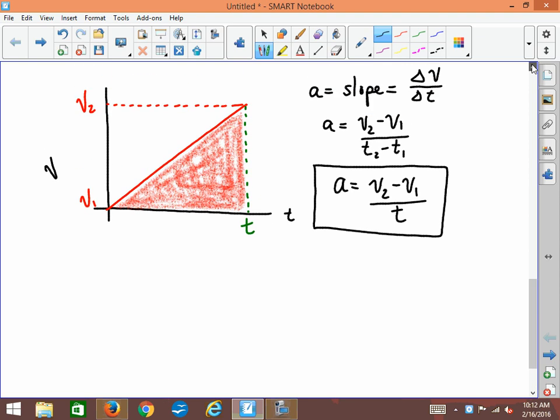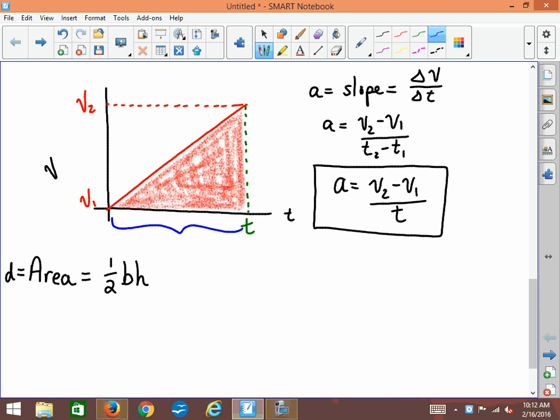In this case, the area, which is the displacement, I'll put that over here. So the displacement is the area. But the area here is not length times width. It's 1/2 base times height, because it's a triangle shape. So let's figure out what the base and the height are. Well, here's the base.